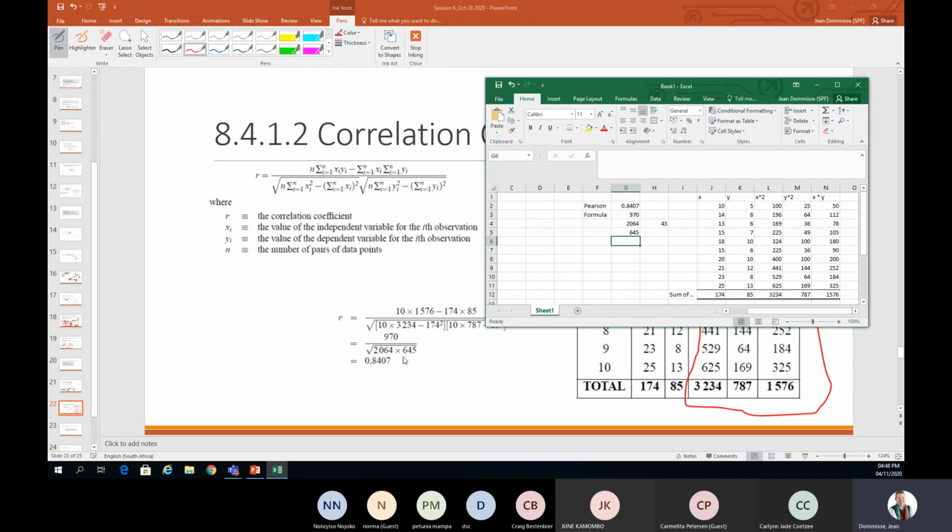So that would have given you 645. If I now square root that, it will give me 25. So if I say the 970 divided by that times that, it will also give me the same answer.